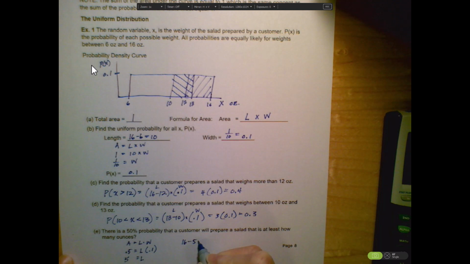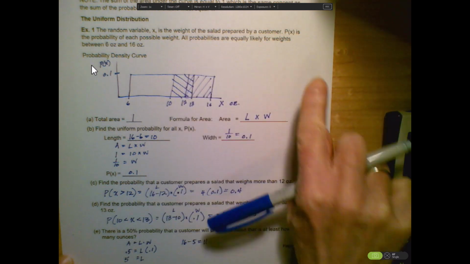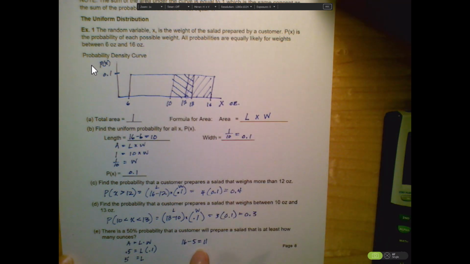Where are we? We're at 11. So we found the length of this new rectangle is 5, but we're going at least, so how far up? We go all the way to 16. So that must be from 11 to 16. 50% probability that they will make a salad that's at least 11 ounces.